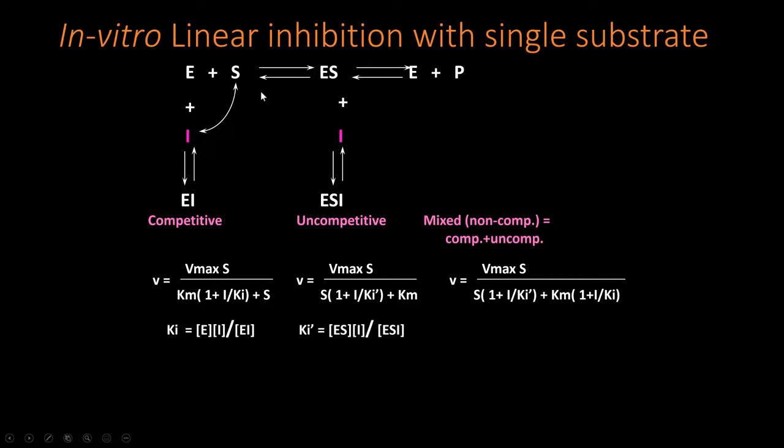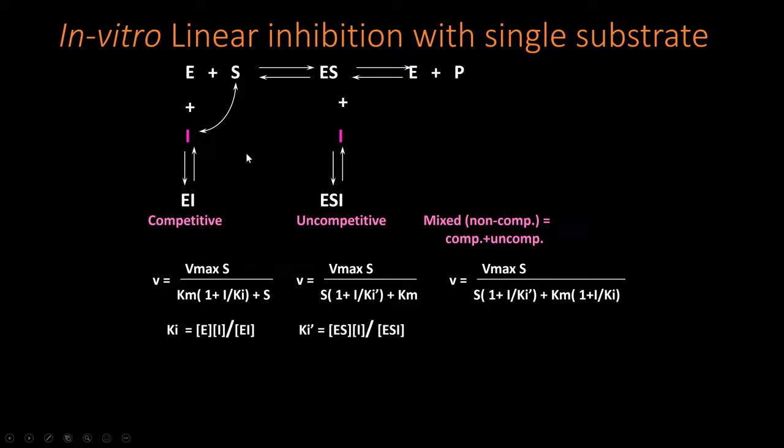First, I want to introduce that there could be three types of inhibition, which I showed here. One is competitive, one is uncompetitive, and the other is mixed, meaning both, which I have already spoken to you about. If the inhibitor goes to the cavity where the substrate binds, then this is called competitive. In many reactions, it doesn't do that.